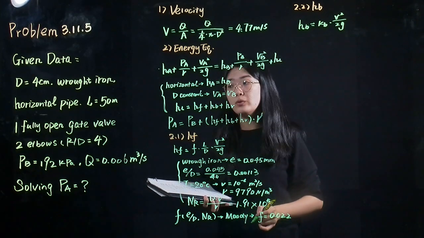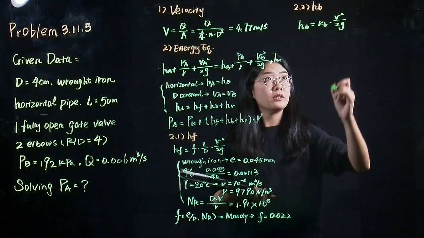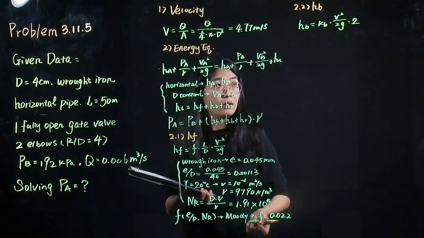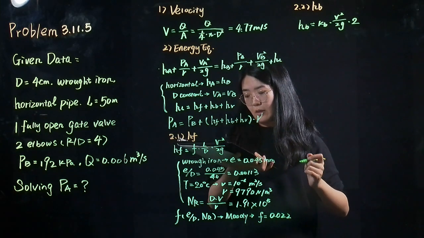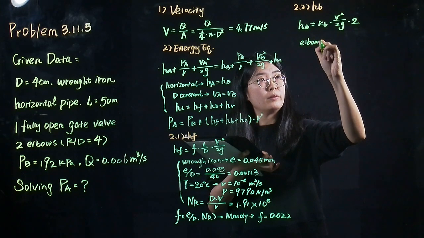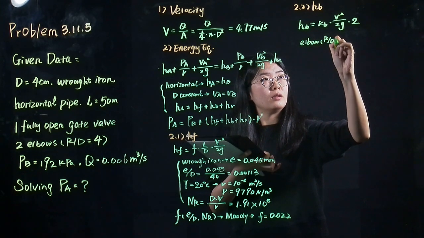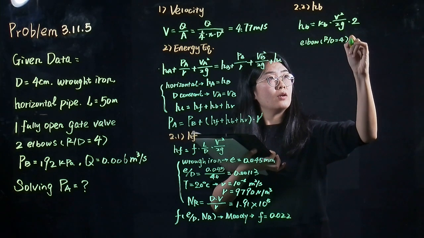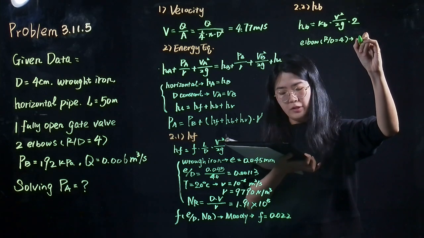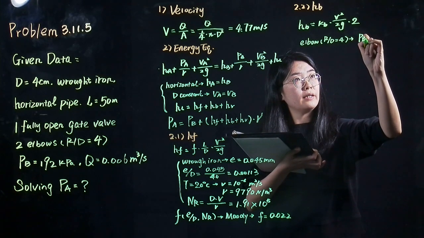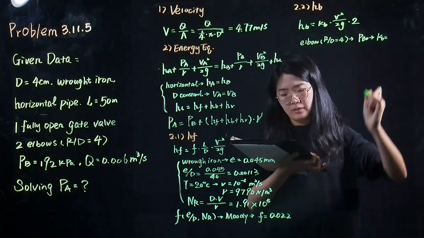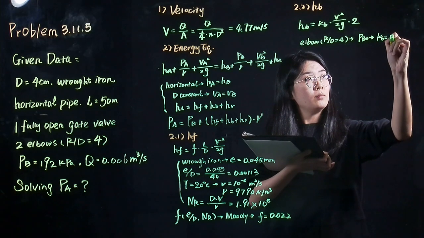Because we have two elbows here, we need to times 2. Because the elbow has R over D equal to 4, we can search the value on page 80. We can get KB is equal to 0.17.